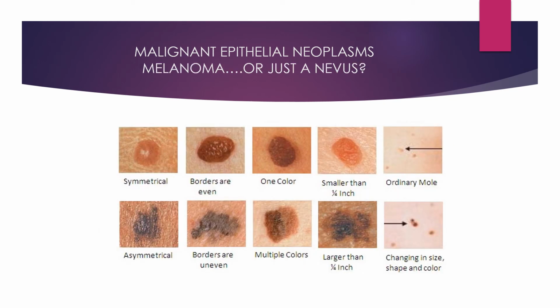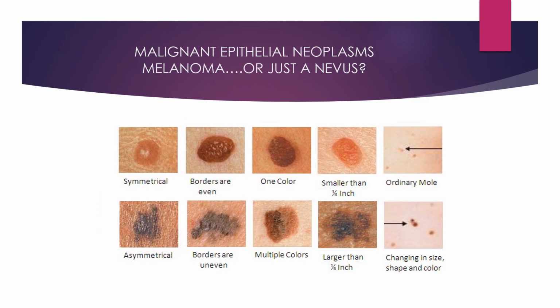So how do we as clinicians make a determination about the status of a lesion once it's detected? Again, we need to go back to how we describe lesions using the ABCDE method: asymmetry, border, color, diameter, and whether or not the lesion is evolving.